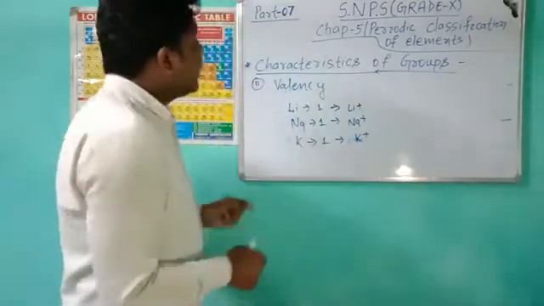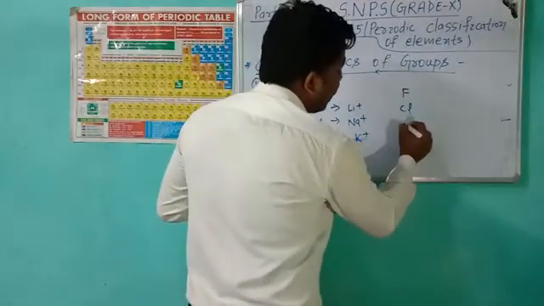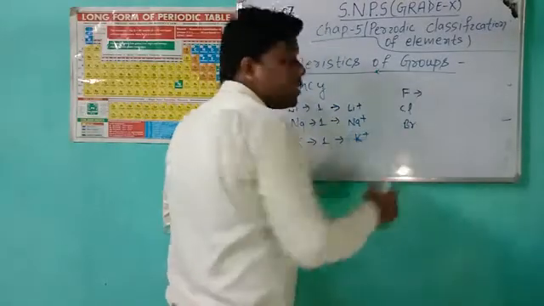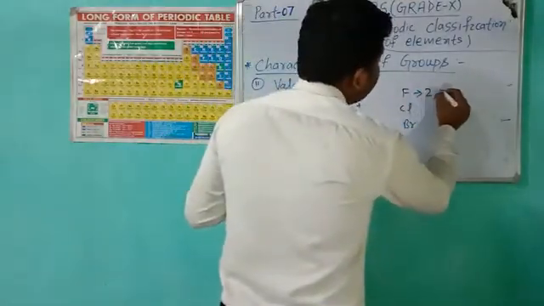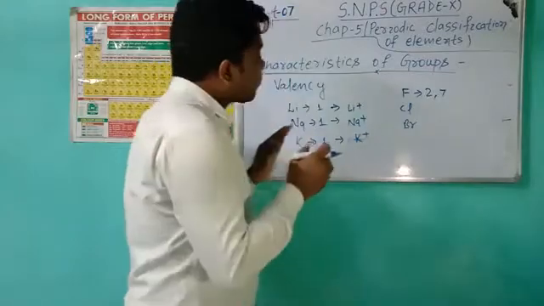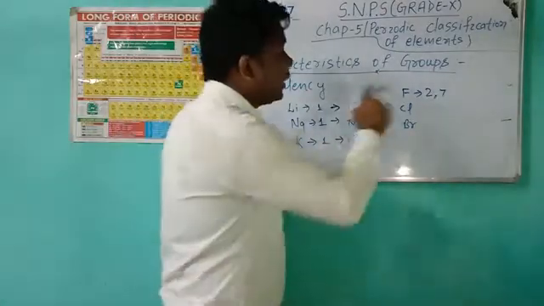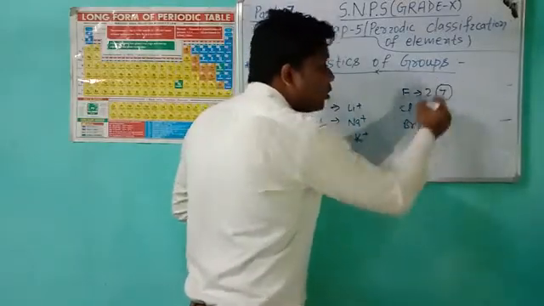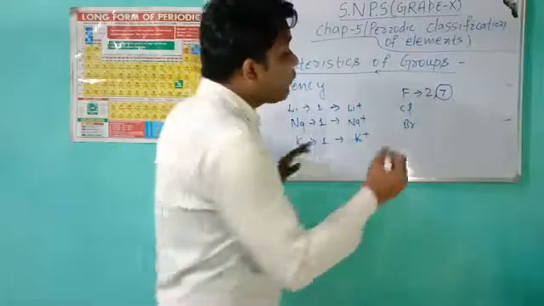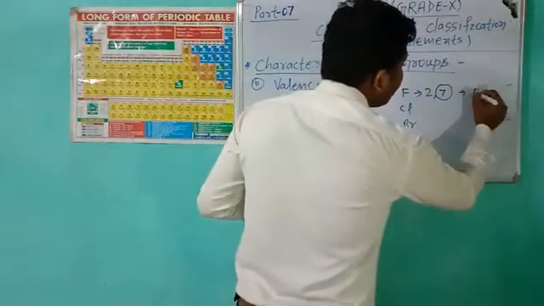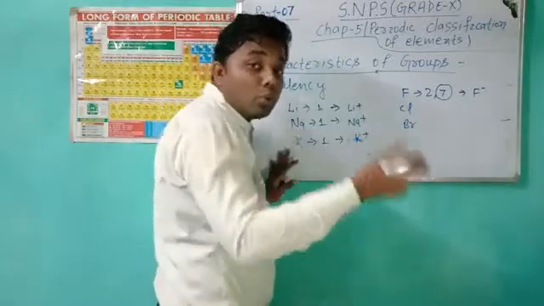But if we talk about the non-metals, fluorine, chlorine, bromine: fluorine has atomic number 9, so 2 and 7. Fluorine can accept one electron and form F minus, because it gains an electron, not loses.